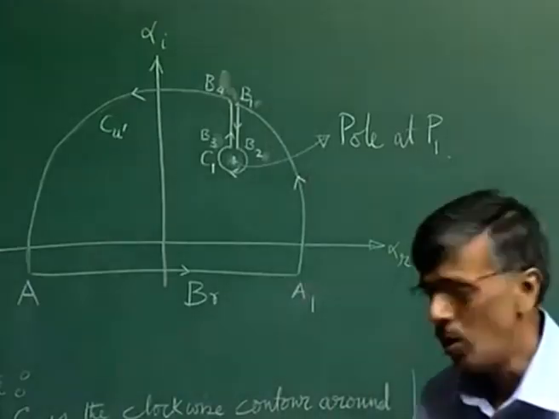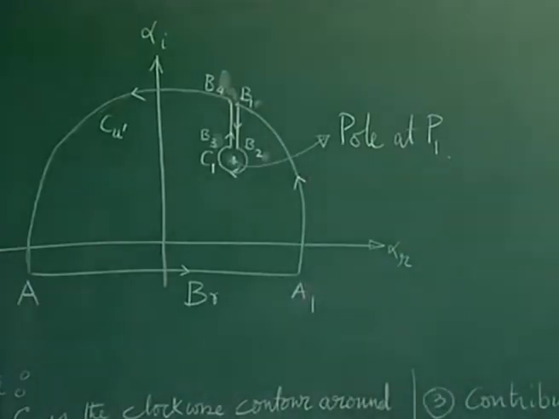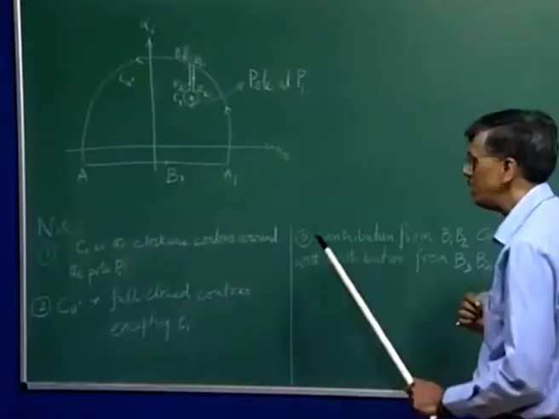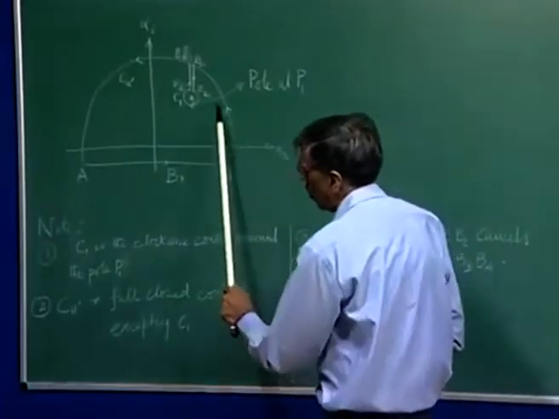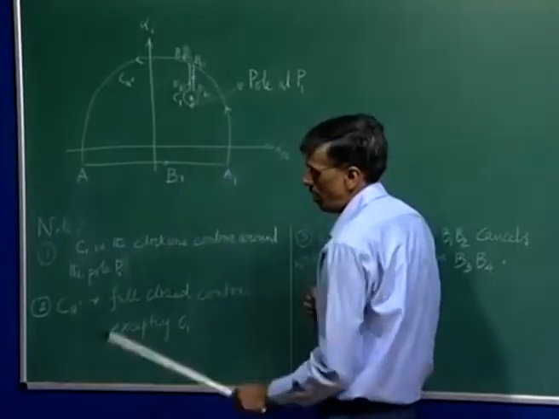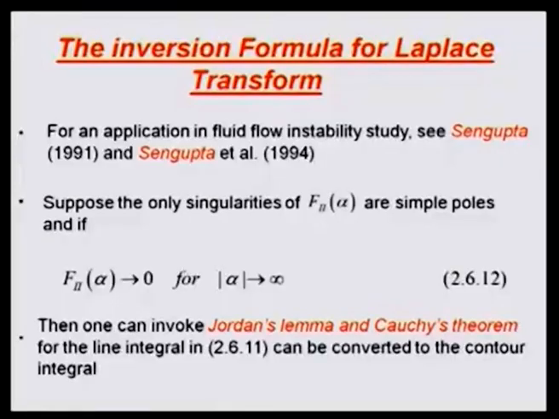So, what we are saying then, that if we go to alpha equal to infinity, what does this mean? Alpha is a complex quantity, right. So, its modulus going to infinity means what?